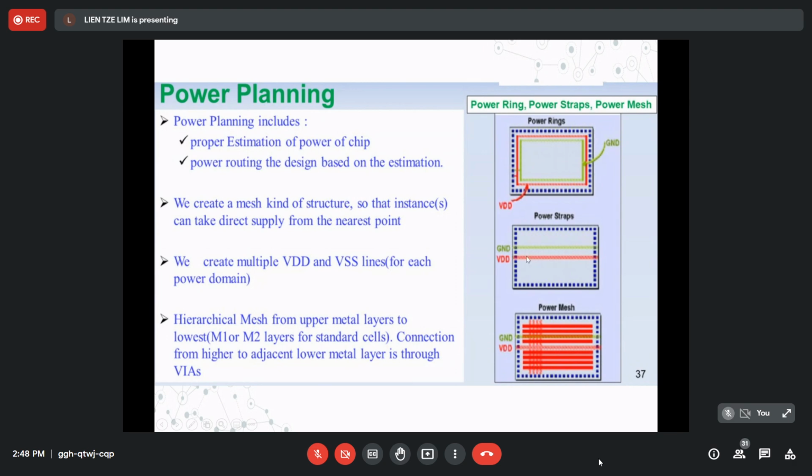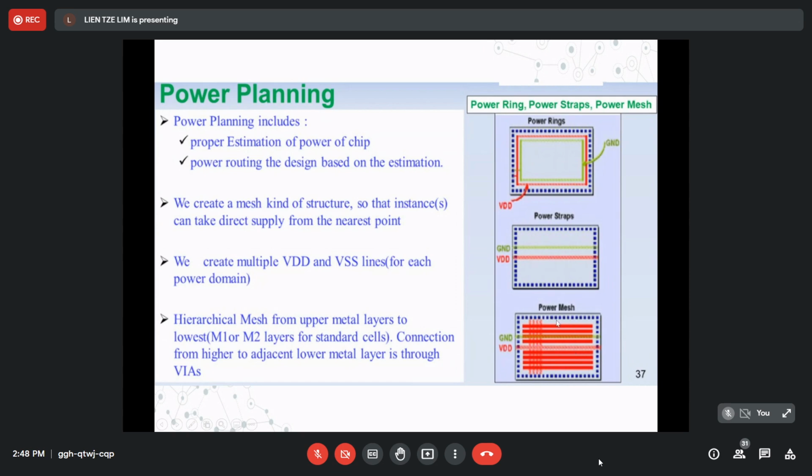And this is also the power and ground straps. They can be arranged in this way. And for the other one, this is about the power mesh.